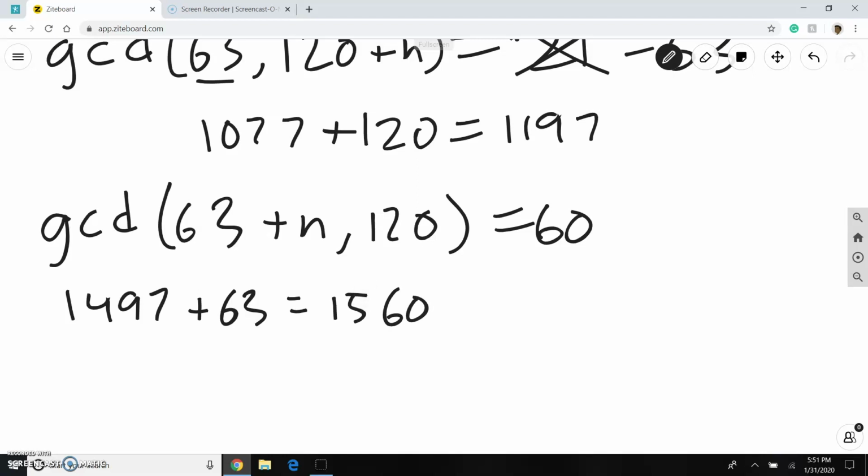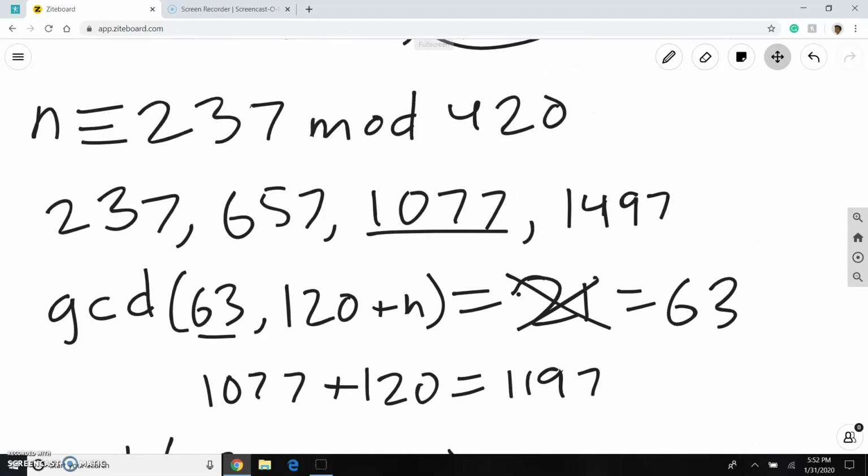Now this is a multiple of 60 like we want, but it is also a multiple of 120. And like before, it would make the equation equal to 120, not 60, and we don't want that. So we can go back and add to our list, as this doesn't work, and the next value we get is 1917.